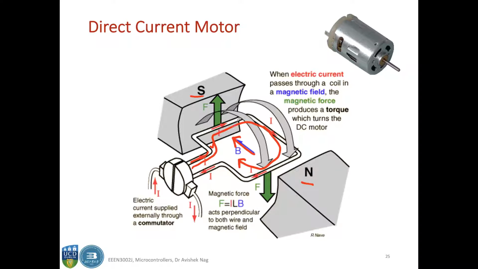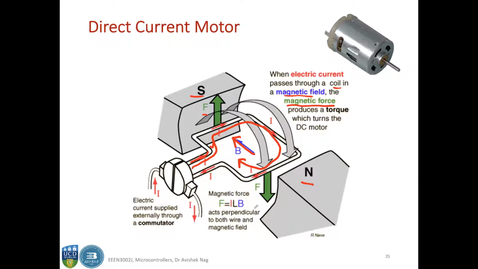Whenever this arrangement happens, when an electric current passes through a coil in a magnetic field, there is a magnetic force, and the direction of the force is as shown with these green arrows.